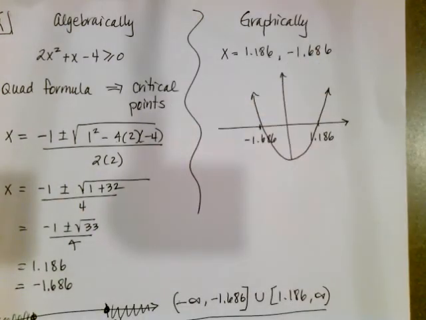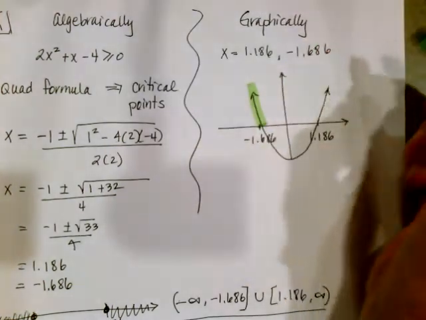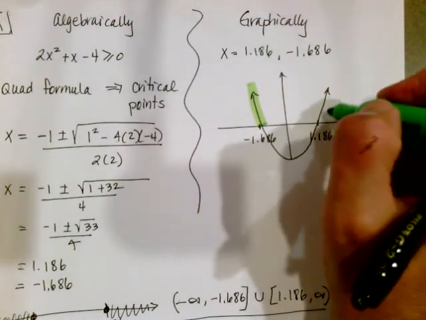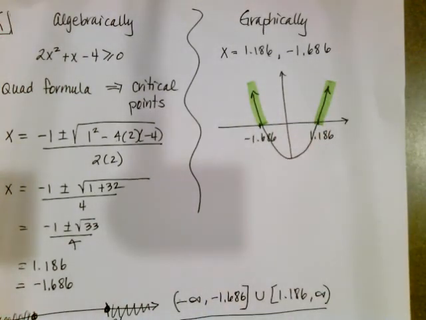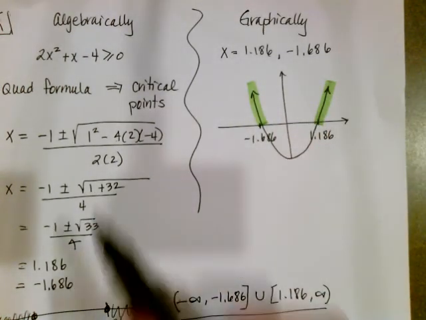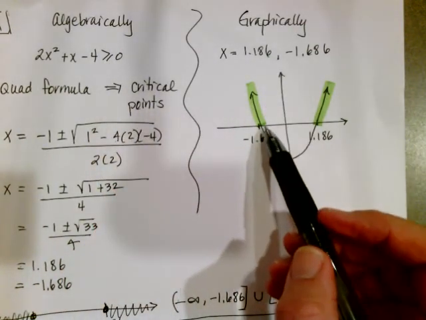The inequality said greater than or equal to 0, so it's this piece because that's at the x-axis or above, and it's that piece which is at the x-axis or above. Since it said it could be equal to 0, that means I actually include the intercept.